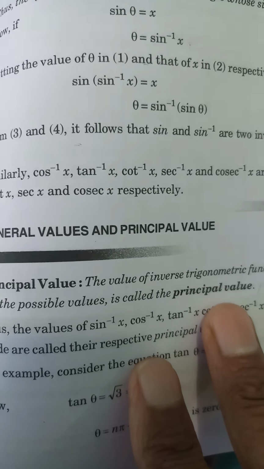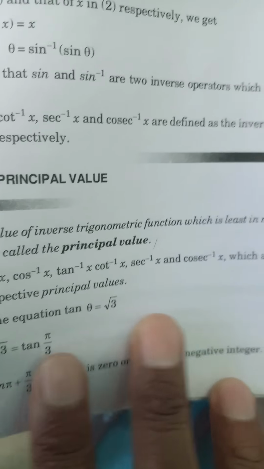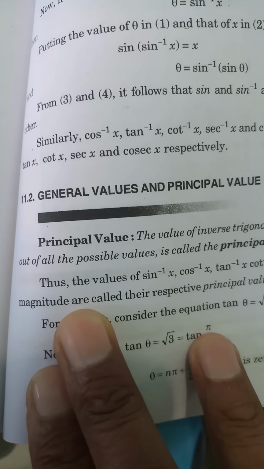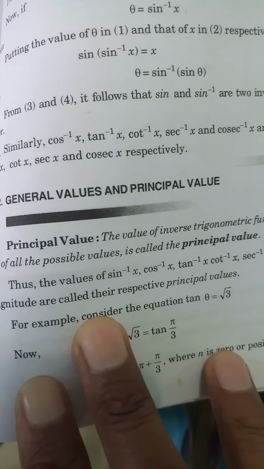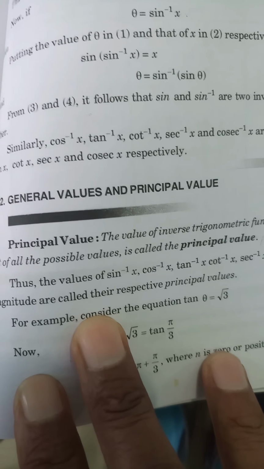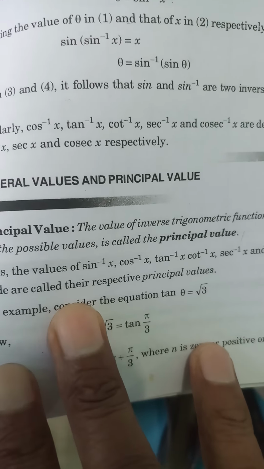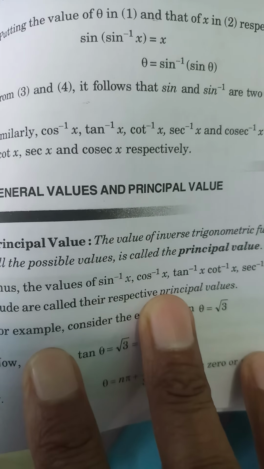General values and principal value. Principal value: the value of an inverse trigonometric function which is least in magnitude out of all the possible values is called the principal value.